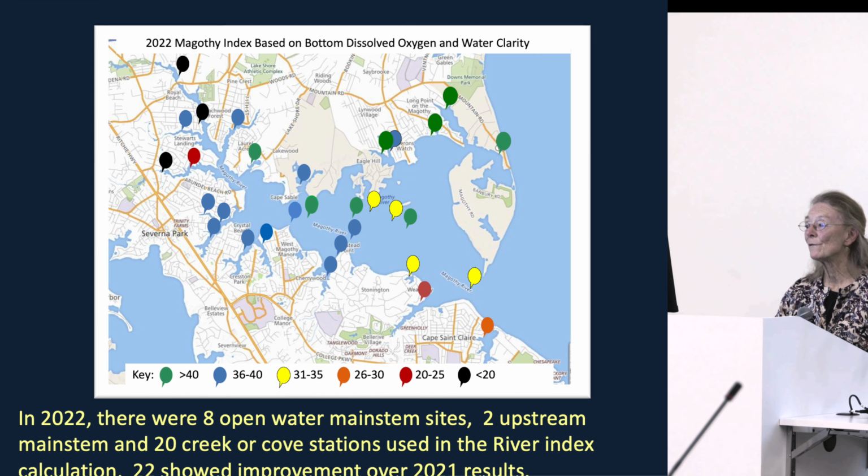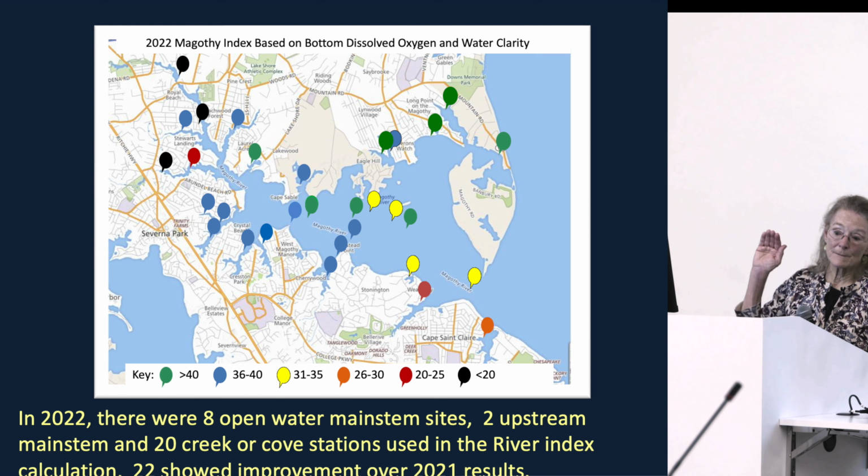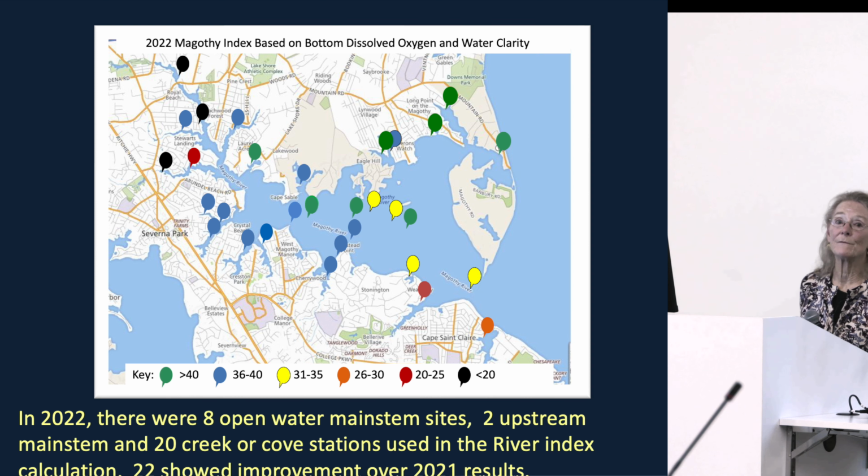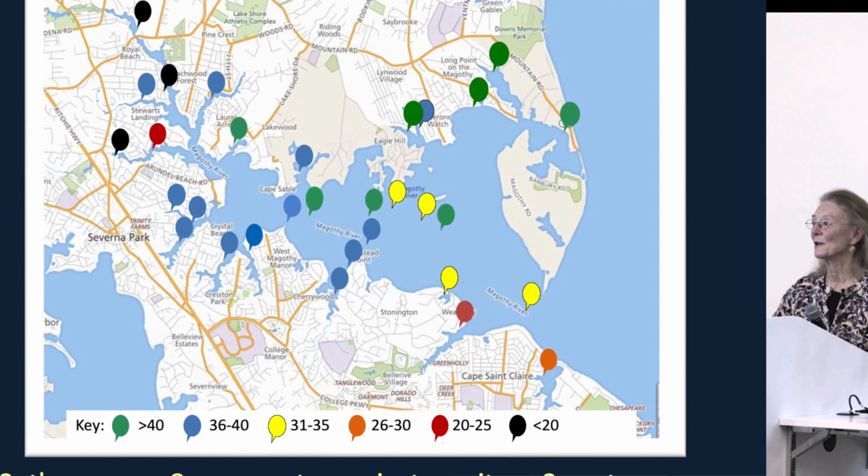So between 36 and 40% of the time, we attain these good oxygen and water clarity values. On the South Shore here, where we often have had poor water quality. But this is also the area where a lot of the restorations have been done, and where the construction monitoring group has been very vigilant. So perhaps that has something to do with the improved water quality. We would like to think so.